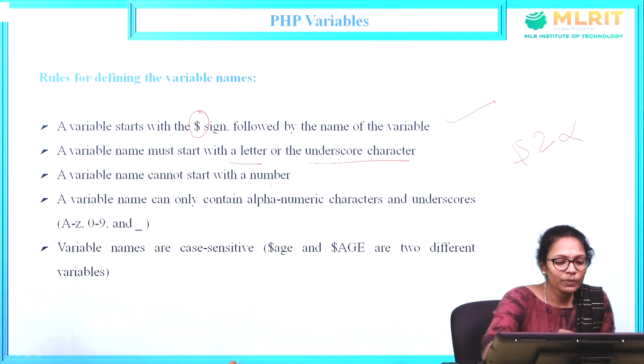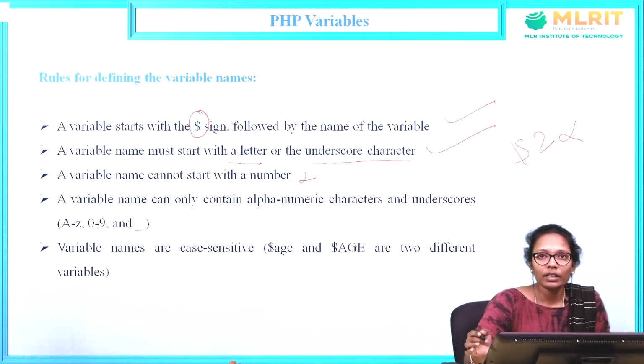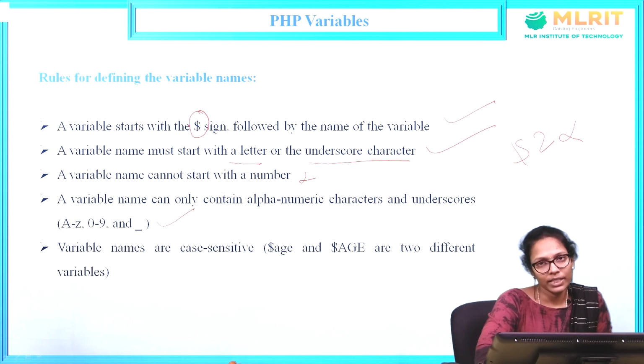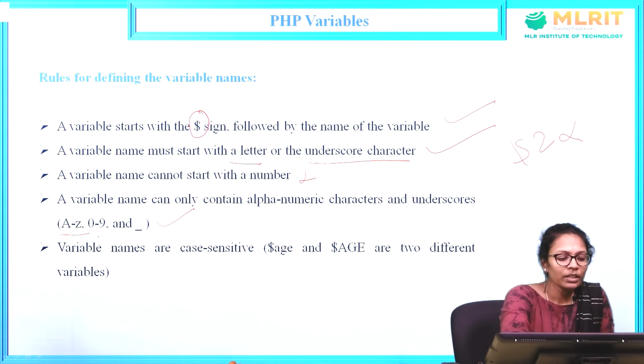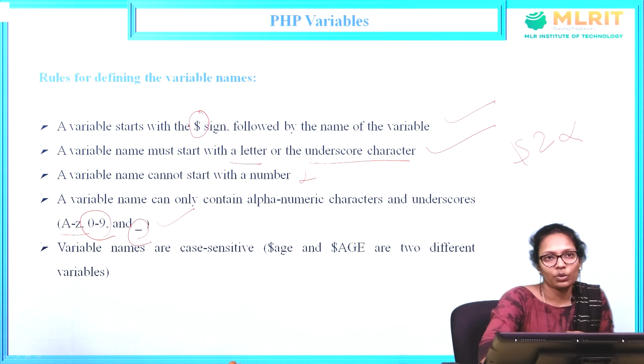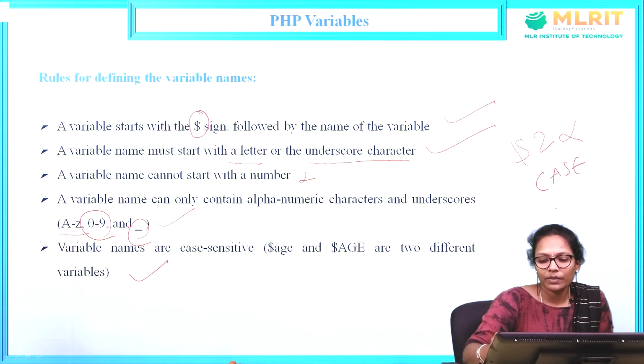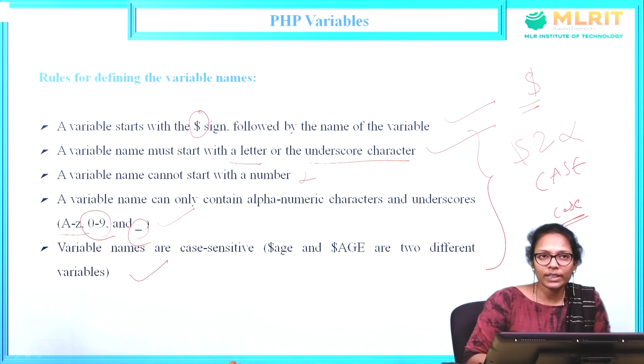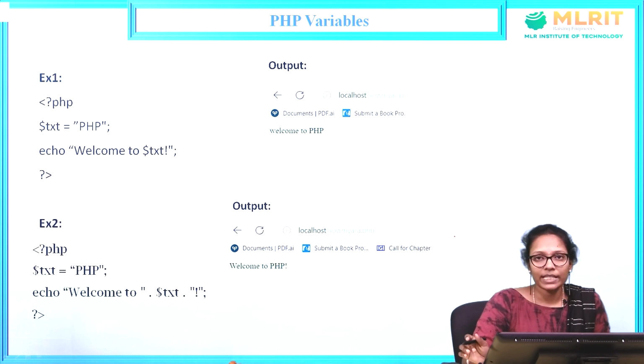It should start with either a character or an underscore, and we can include all alphanumeric characters, that is capital A to Z, small a to z, 0 to 9 and underscore, mixed together. And variable names are case sensitive. That means one case is different from another. So the main important rule is that it should start with the symbol $, and after that it should also follow all these rules.